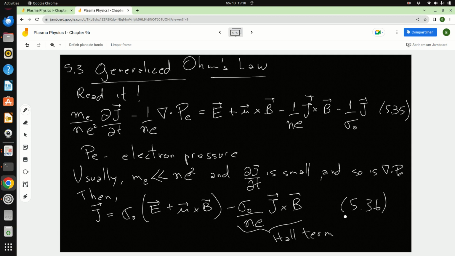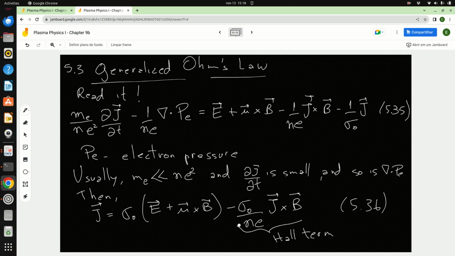This is a simplification of the generalized Ohm's law. You can do even simpler than this. Sometimes the Hall term is dropped. This may be considered when you have sigma times the modulus of B much smaller than this. So if you think the modulus of the upper term is smaller than this, which is true when you have a highly collisional plasma. In a highly collisional plasma, the number of electrons is very large.